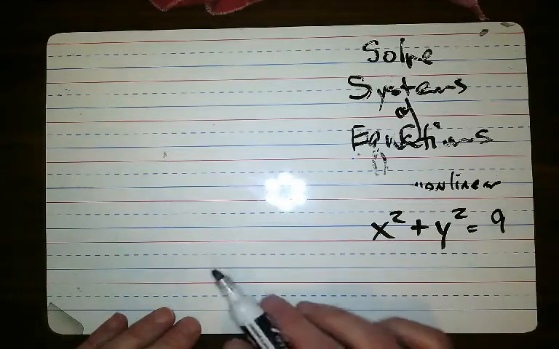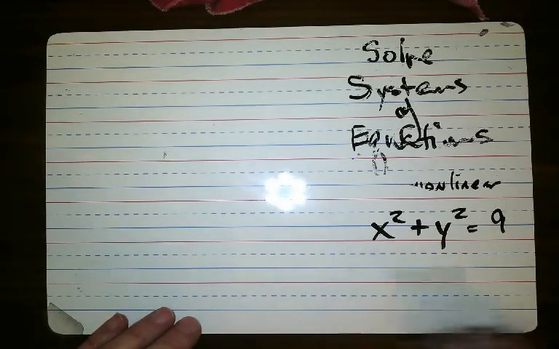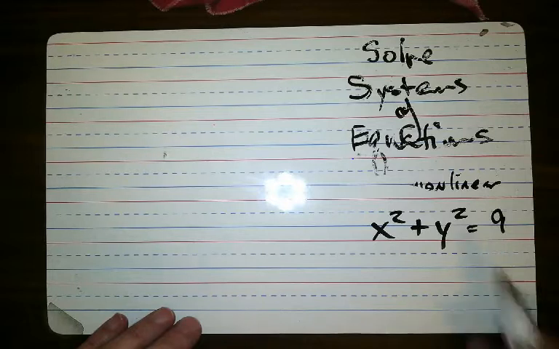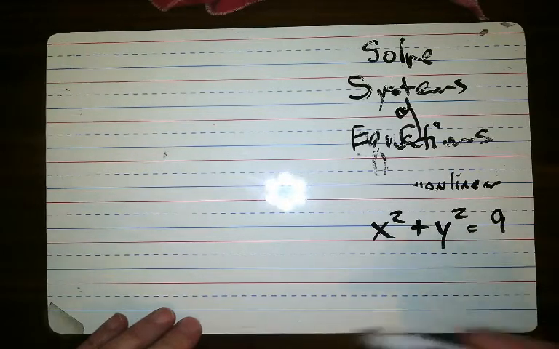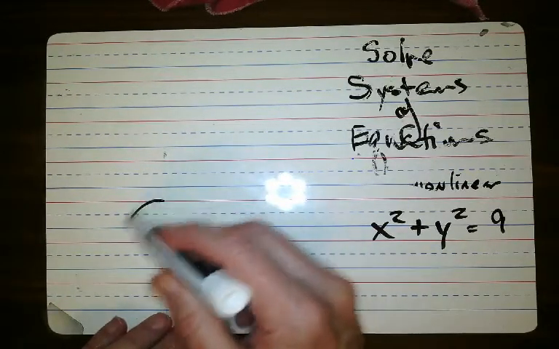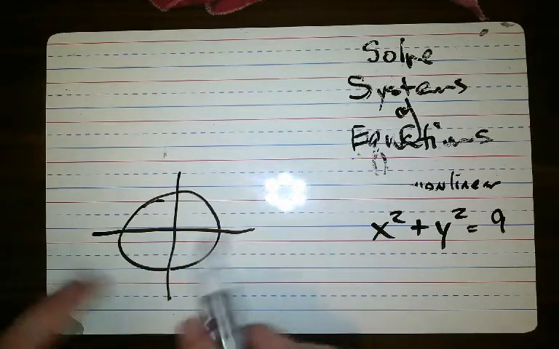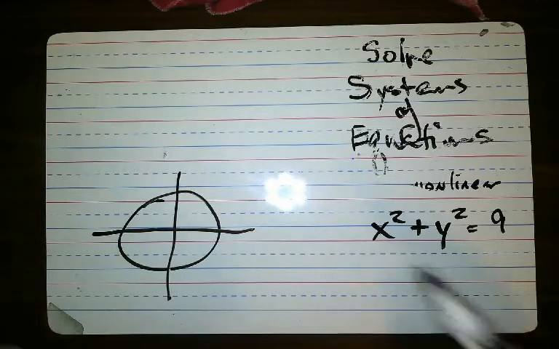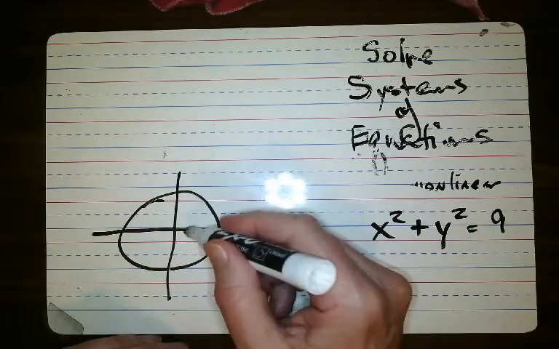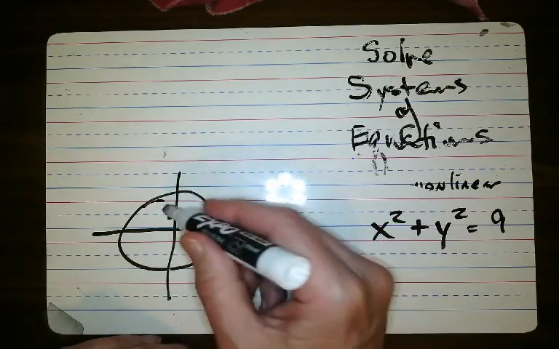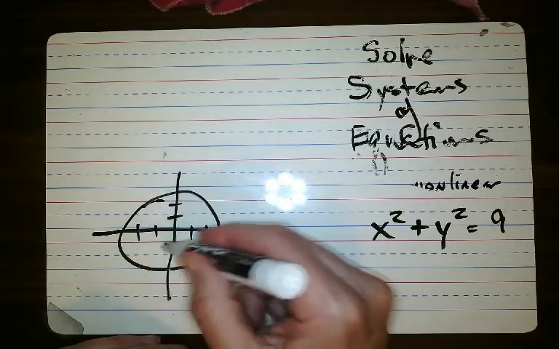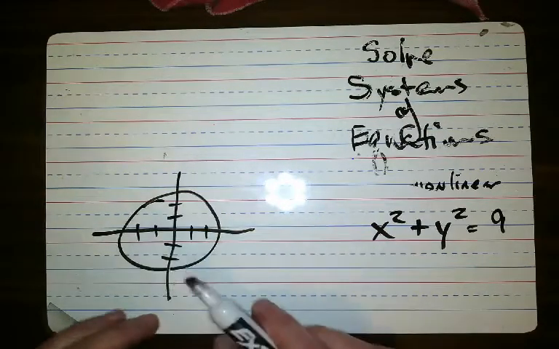So x squared plus y squared equals 9. No problem, okay? So what does that look like? Well, when we graph it, it's going to be right in the center of the graph, and it's going to have a radius. And it's going to look just like that.